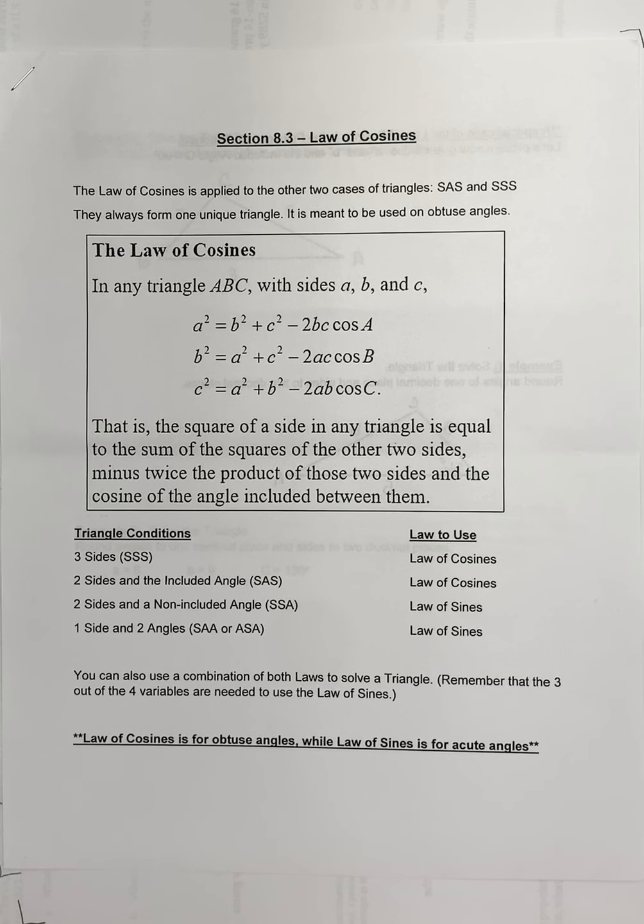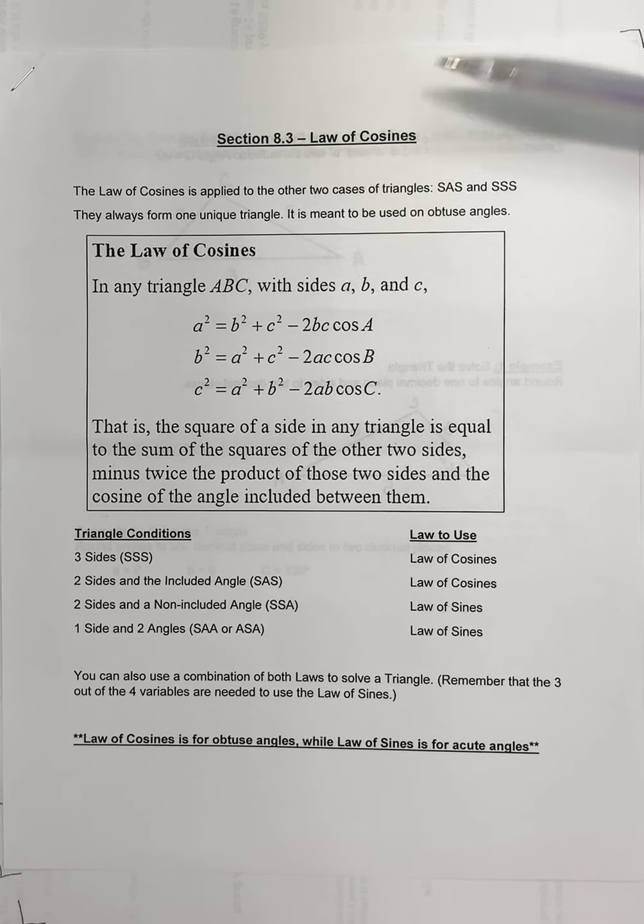In two of those cases, we use the law of sines. Well, we still have two other cases left, and for those two cases, we are going to use the law of cosines. Those two cases would be side angle side, where your angle is included, and if you only have the three sides, side, side, side, and no angles. Now there's no ambiguous case here. They always form one unique triangle.